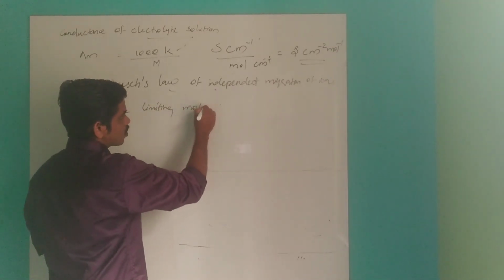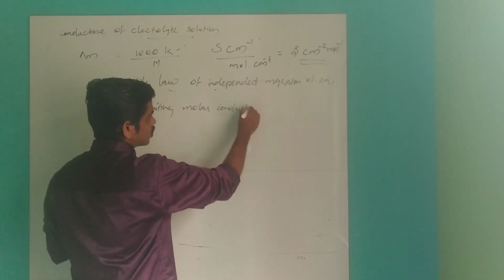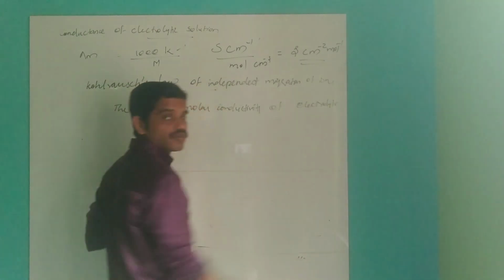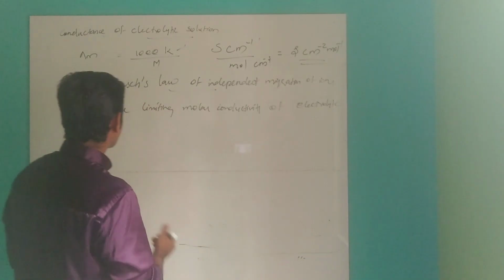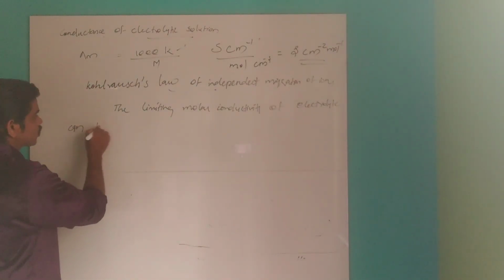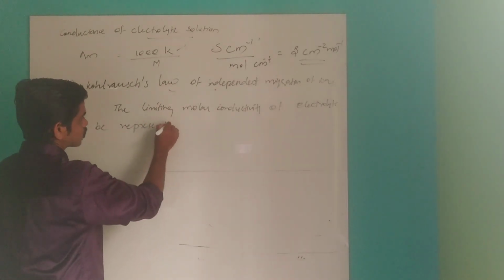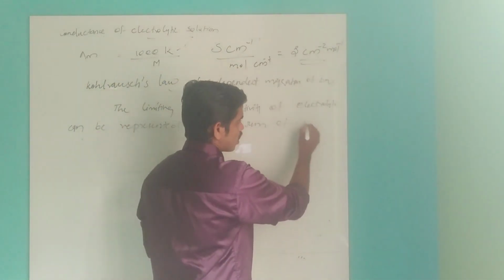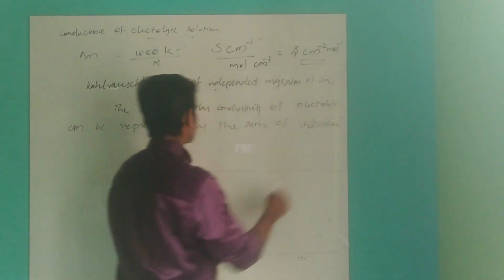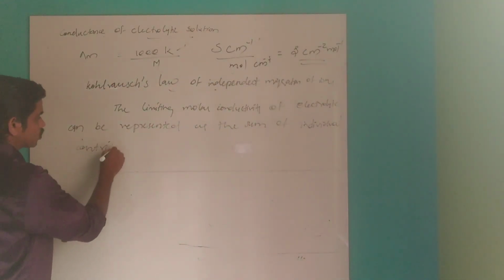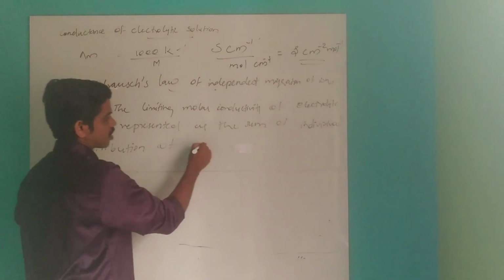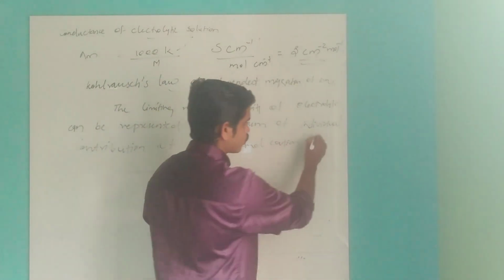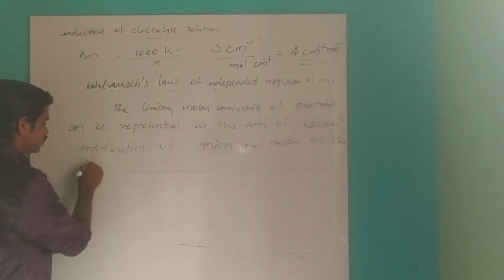the limiting molar conductivity of any electrolyte, whether strong or weak, can be represented as the sum of the individual contributions of the anion and the cation of the electrolyte.